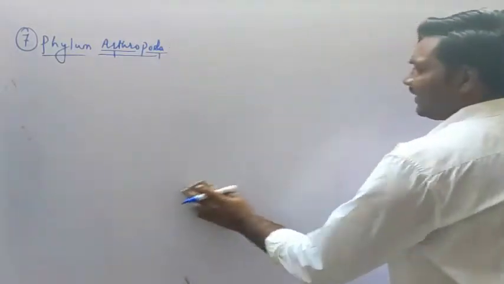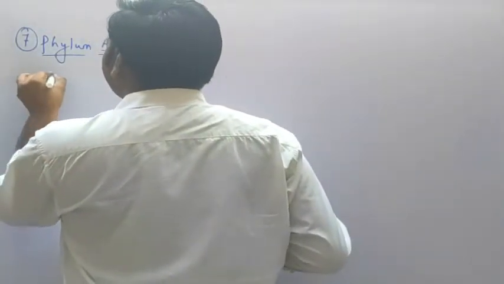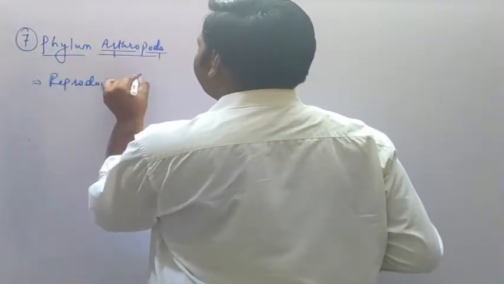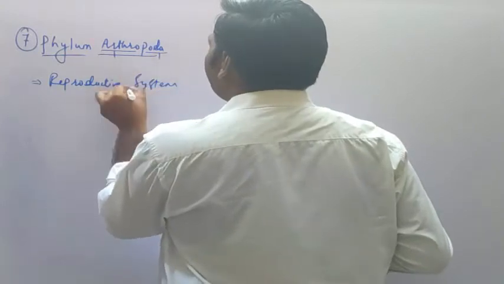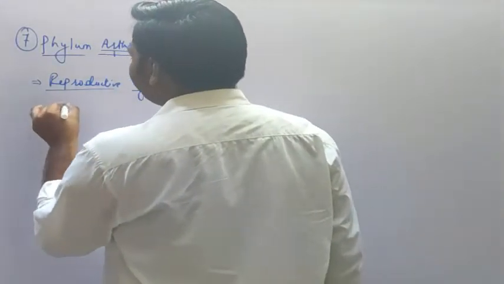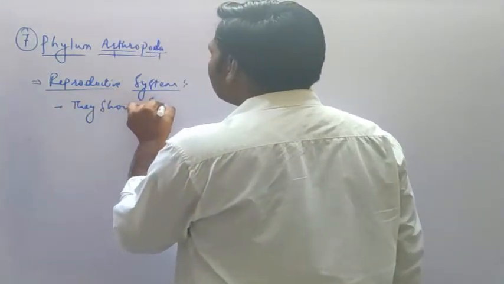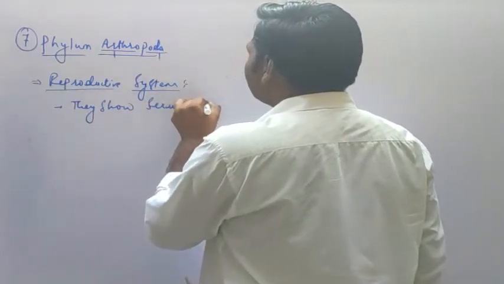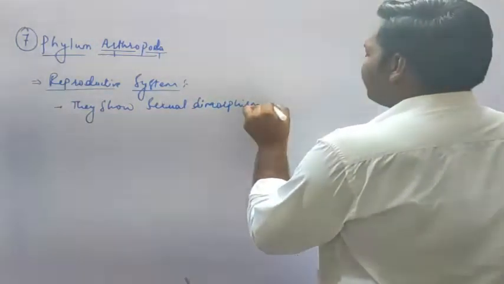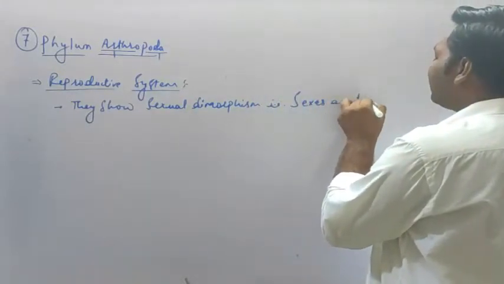What type of reproduction is seen in arthropods? In arthropods, they show sexual dimorphism, that means sexes are separate.